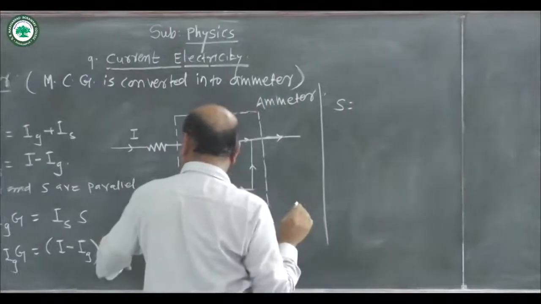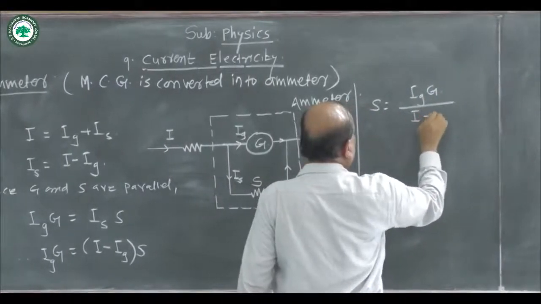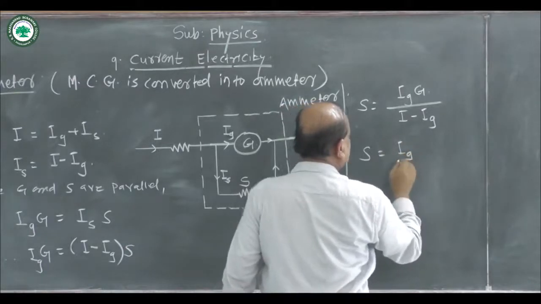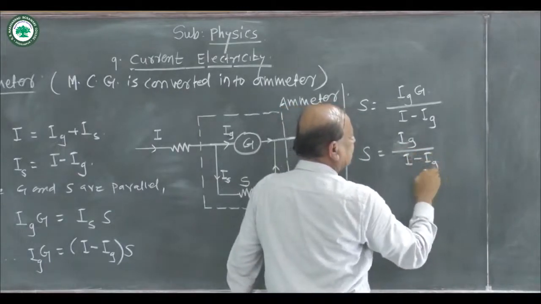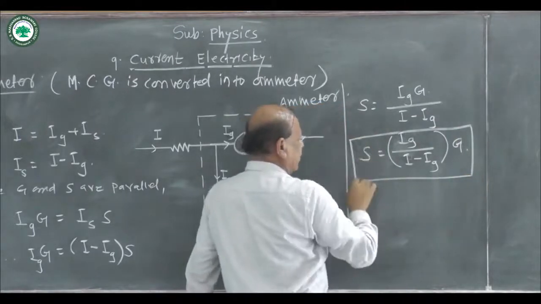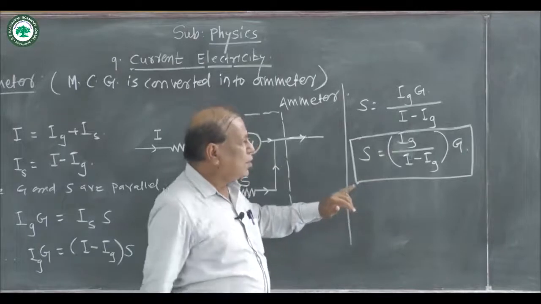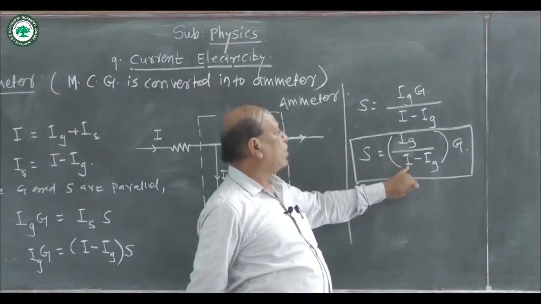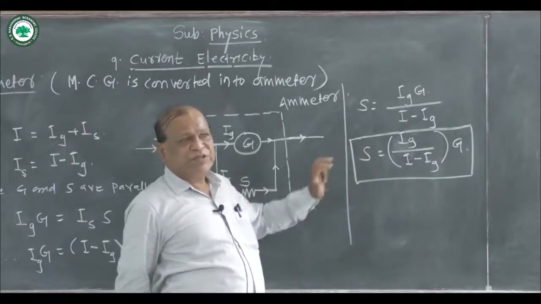S is equal to Ig G divided by I minus Ig, or S is equal to Ig divided by I minus Ig into G. This is the value of S. Putting the value of the current flowing through the galvanometer, how much current we have to measure, that is, the maximum current flowing through the circuit I, and the resistance of the moving coil galvanometer, we can calculate the value of shunt resistance S.